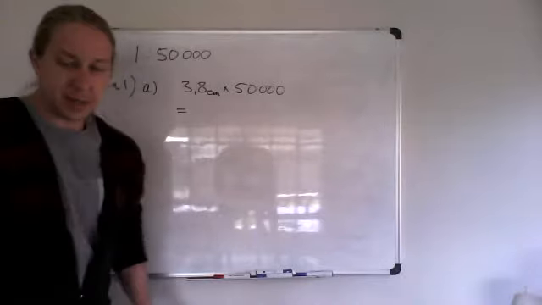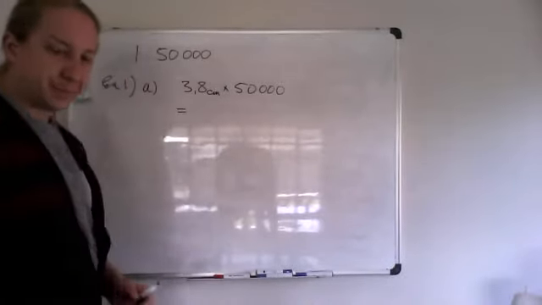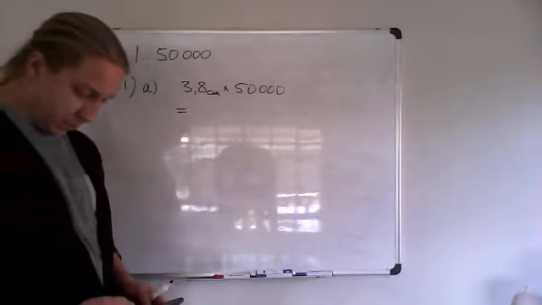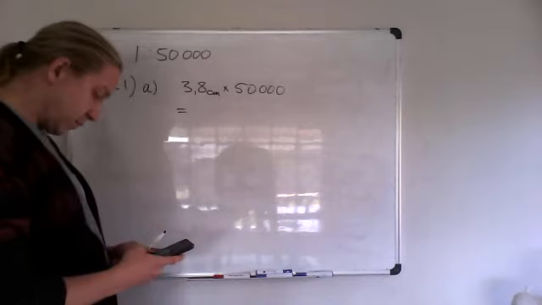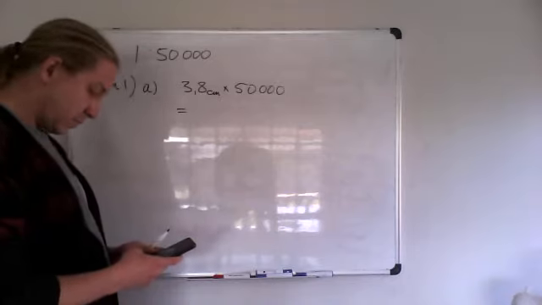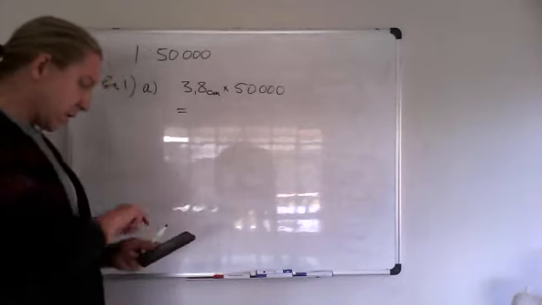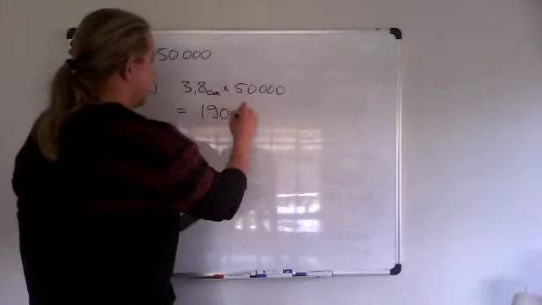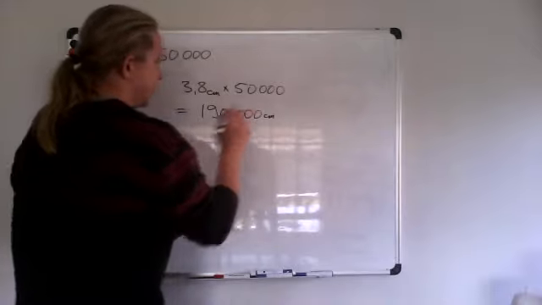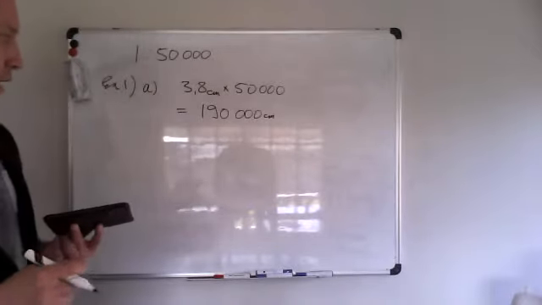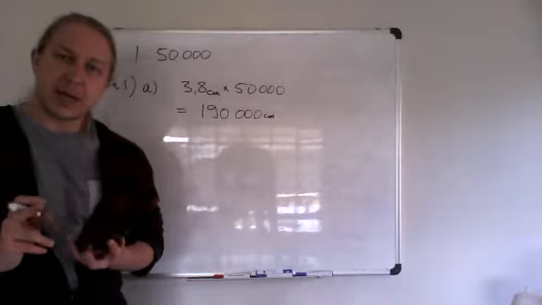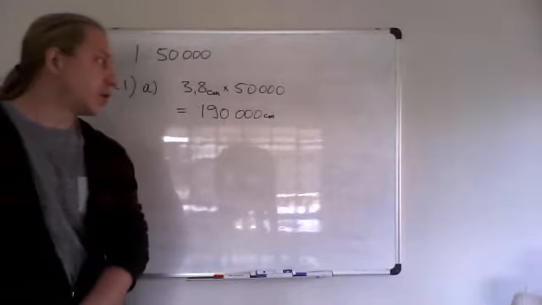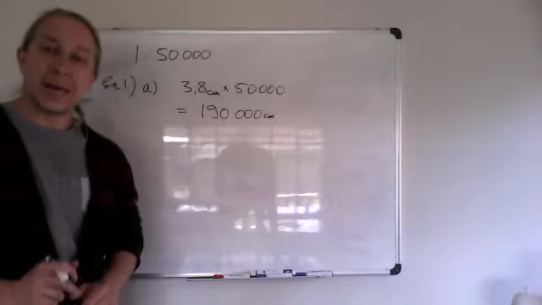Let me get my calculator. 3.8 times 50,000 gives me 190,000 centimeters. But the question said, tell me the distance in kilometers, not centimeters. So we have to convert this to kilometers.